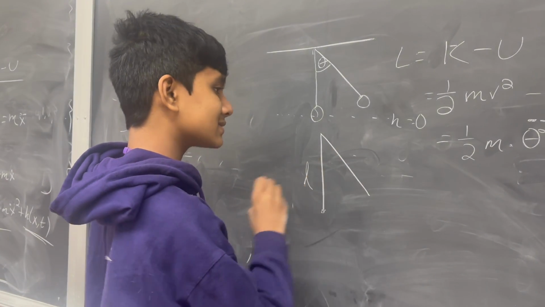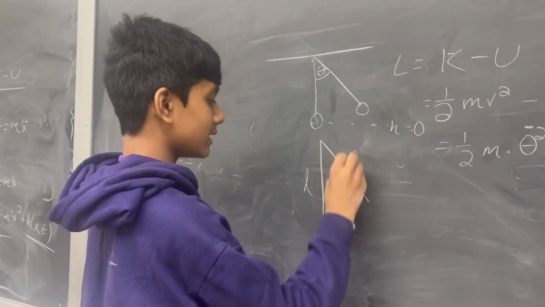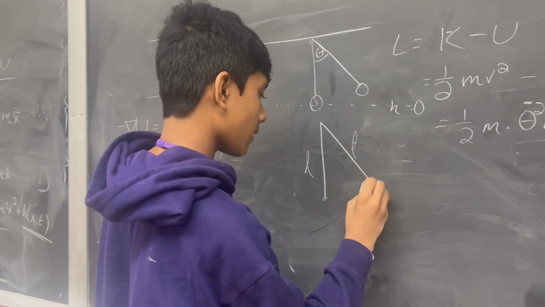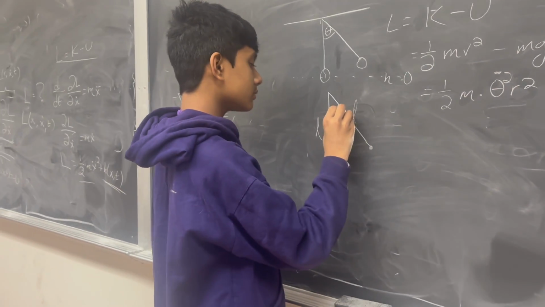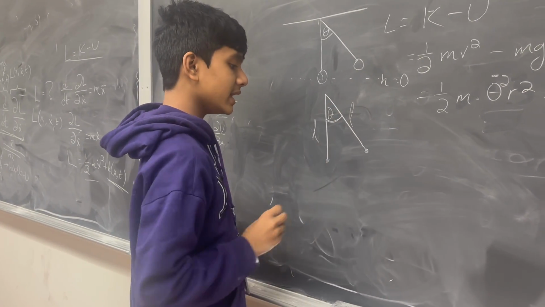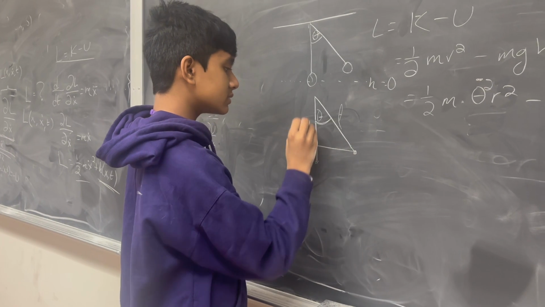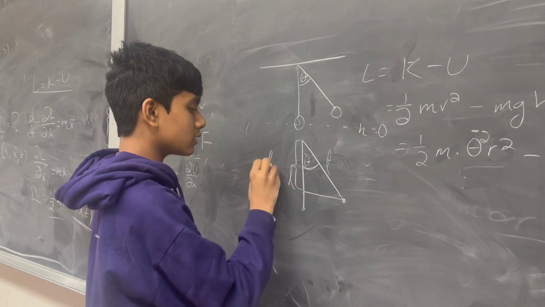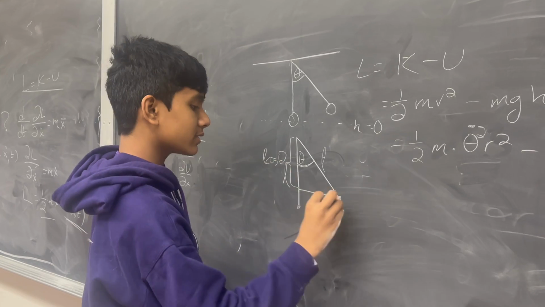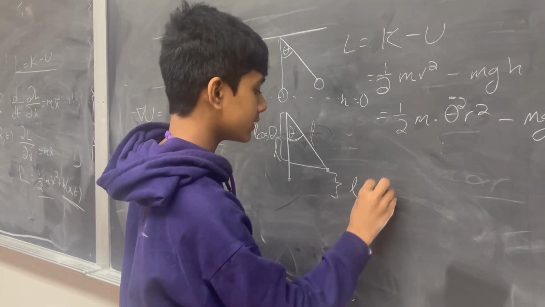And so we have that this has length L, this has length L, and this right here is theta, which means this is L cosine theta. And so this is L minus L cosine theta.